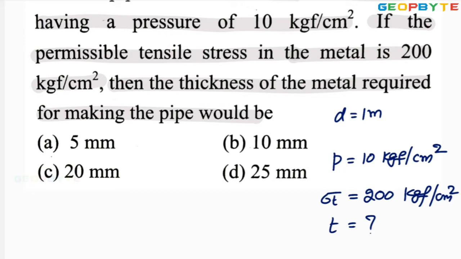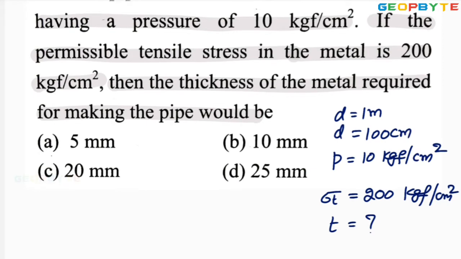Since the pressure is given kg force per cm square, tensile stress also given in kg force per cm square. Let me write the diameter also in centimeters. 1 meter equal to 100 centimeters. That is the diameter.